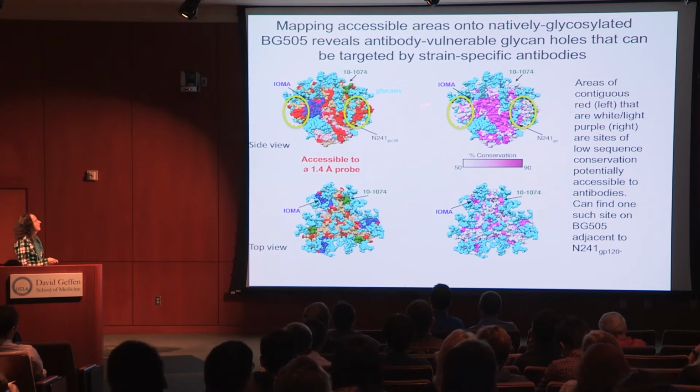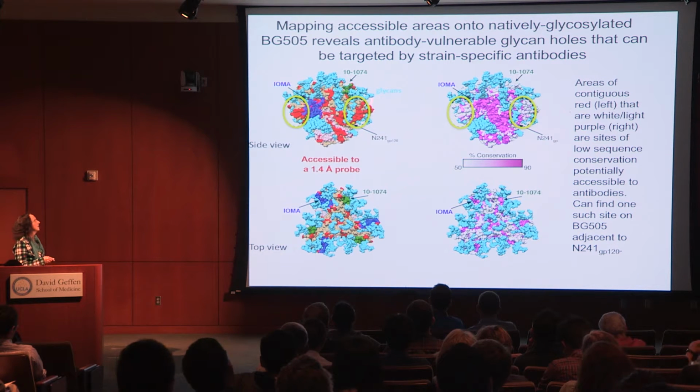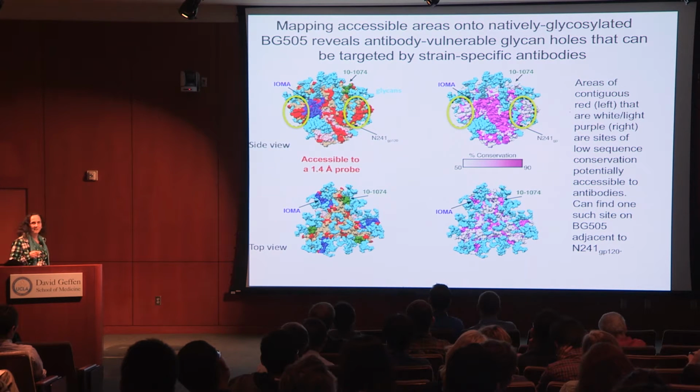And you'll notice that this same area right here has low sequence conservation, and it's got solvent accessible areas. And so we think this contiguous area here would be a site that would be potentially accessible to antibodies, but it's not a good site because it's got low sequence conservation.